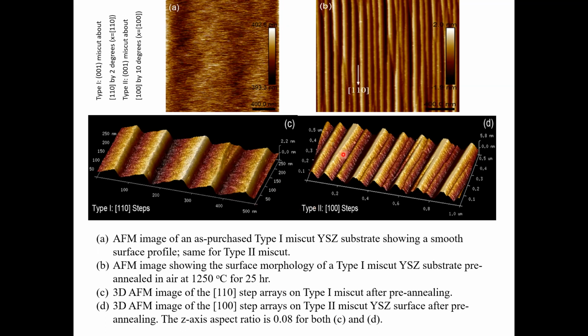Type 2 doesn't look as sharp. So type 2 is here and type 1 is there. Again, you see the definition of type 1 and type 2: 001 substrate miscut about 110 by 2 degrees, and 001 oriented substrate miscut about 100 by 10 degrees. So this is sharp, this is not as sharp.